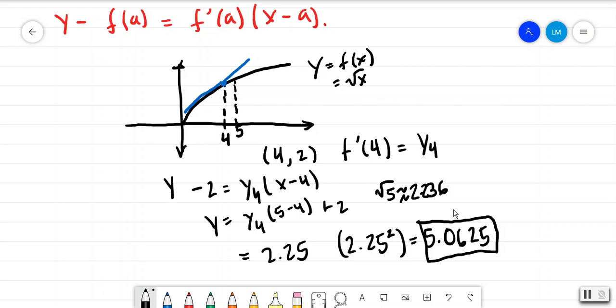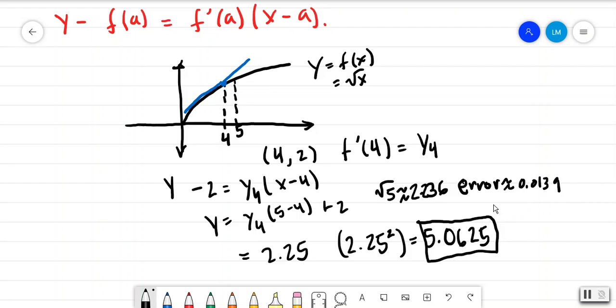Let me go ahead and write down what the error is. The error is approximately 0.0139, and that's not too bad, but we can minimize that if we get a closer estimate.